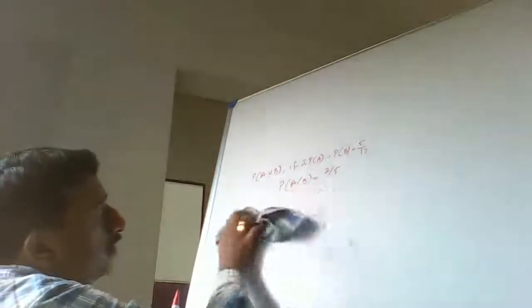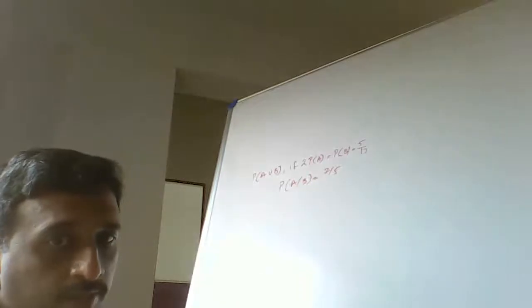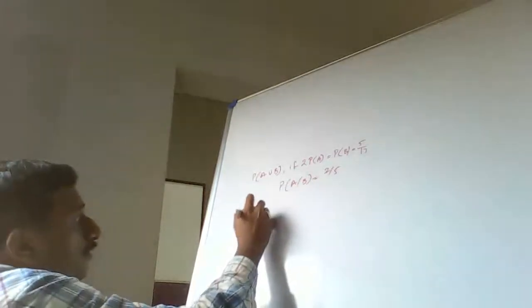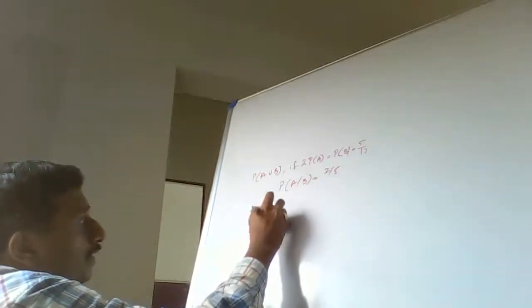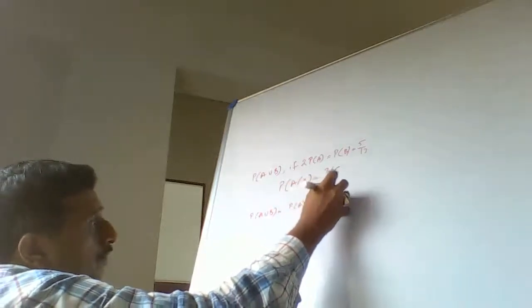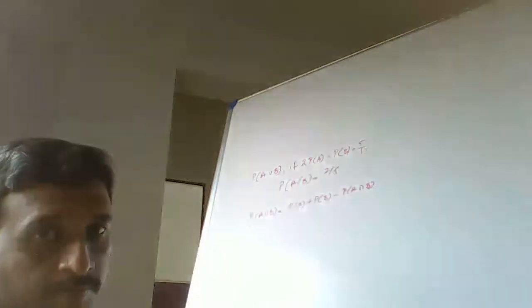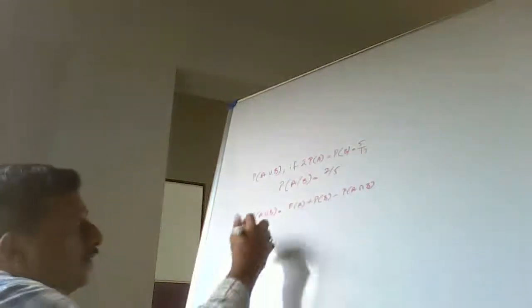Now I want P of A union B. We know that P of A union B is P of A plus P of B minus P of A intersection B. Let us find that.